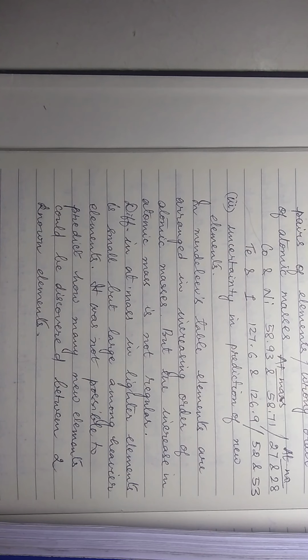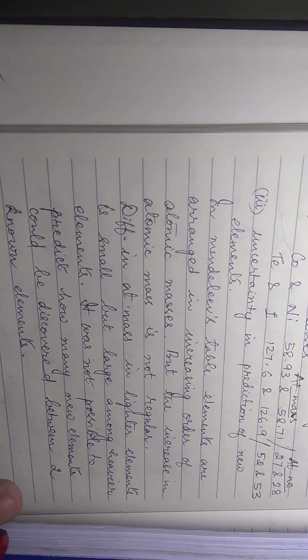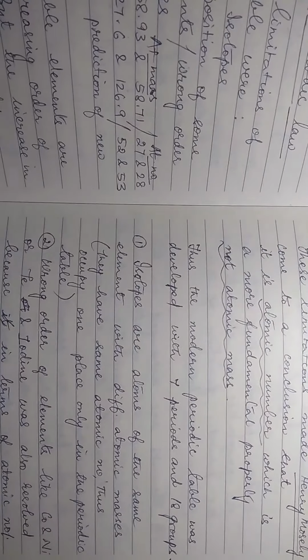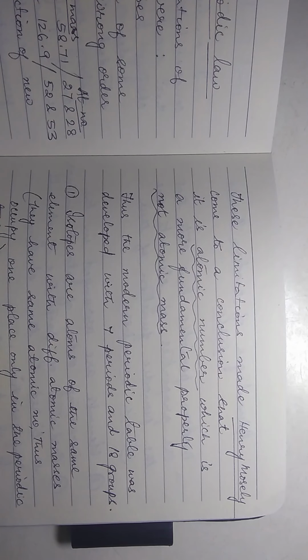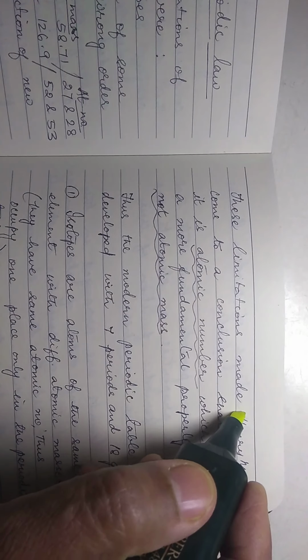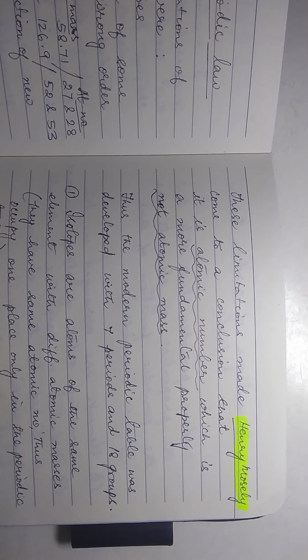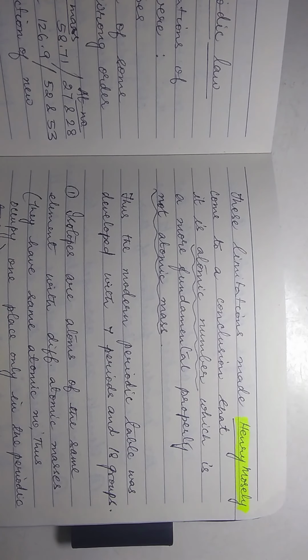Okay. Now all these things were rectified by the scientist by name Henry Moseley. Yes, what did Henry Moseley do? What did he do? He came to a conclusion that atomic mass should not be the basis of classification.